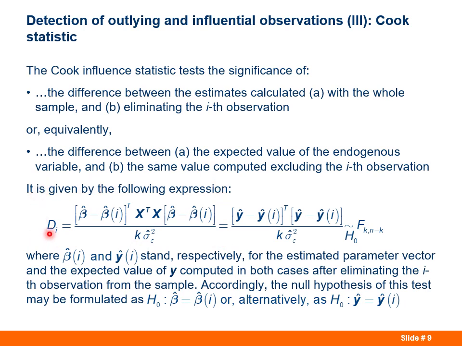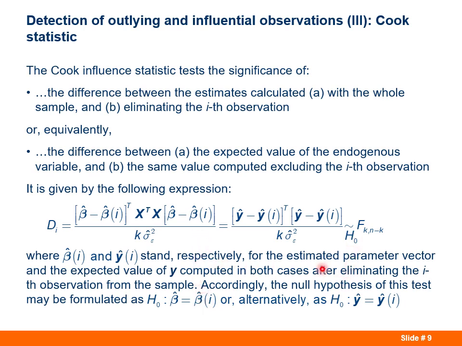Here we have the Cook statistic, denoted by d sub i, which is equal to the difference between beta hat computed with the whole sample and beta hat parenthesis i, which is computed without the i-th observation. The expression of the Cook statistic is this one, and this expression tests the null that beta hat is equal to beta hat subtracting the i-th observation in the sample.